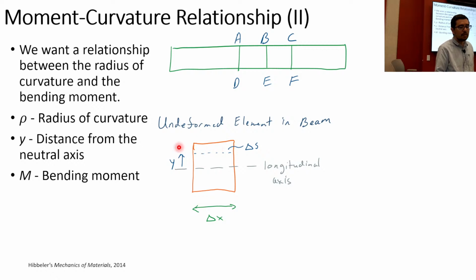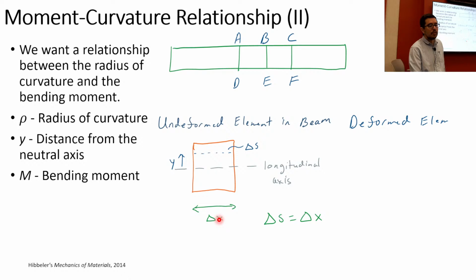Then we define the length here, at a distance y above the longitudinal axis, in this case, as delta s, which is supposed to be small. This delta s and this delta x are the same, and this will come up a few times.